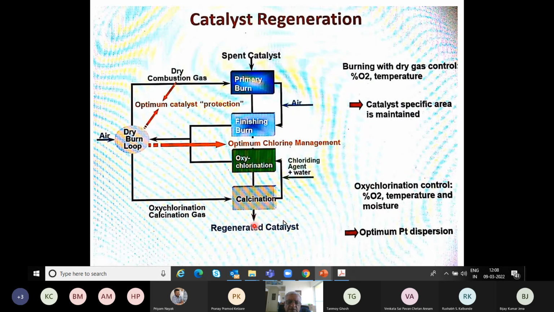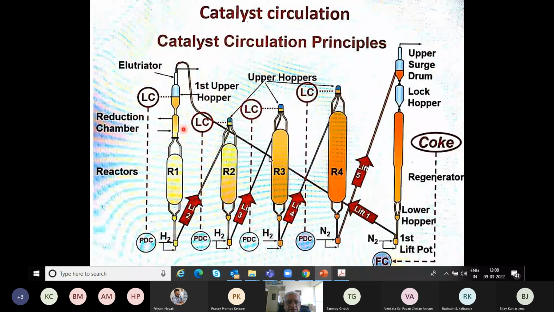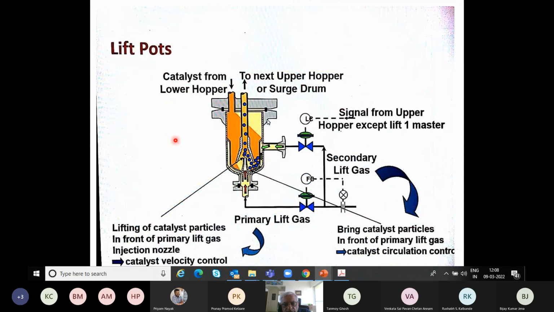And then after that, we have one more step which is not shown here, which is the reduction step, where you put hydrogen. And that is generally done at the top of the first reactor. So as you saw here, the top of the first reactor is actually the reduction chamber. So this is the oxidized state catalyst which is brought here, and then you put hydrogen to reduce the catalyst, and the same thing happens in the UOP unit also.